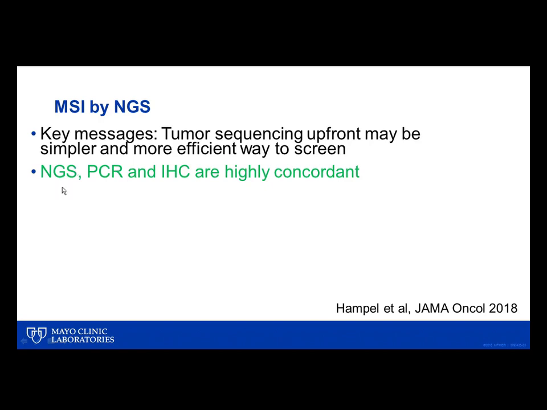If you were to perform MSI testing by NGS, you can also assay for multiple other markers, determine those patients who are likely to have Lynch syndrome, those who are unlikely, or highly unlikely to have Lynch syndrome, and also identify a number of other critical biomarkers. And I think another key message from that paper is that these platforms, NGS, PCR, and immunohistochemistry, are highly concordant. So each of these platforms are valuable and useful and valid ways to screen patients with Lynch syndrome.